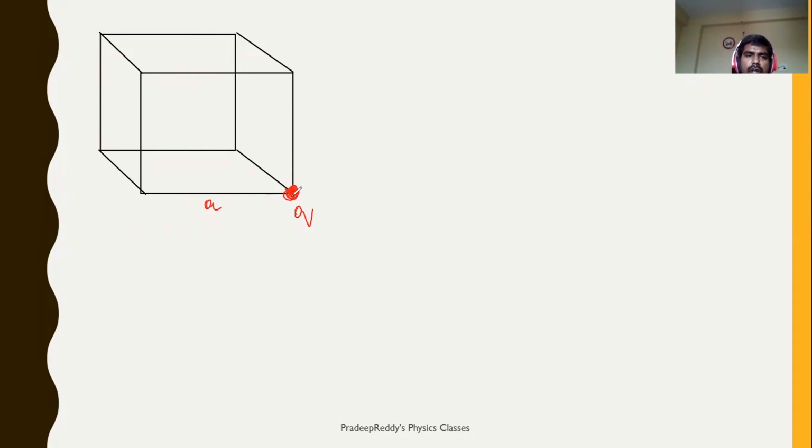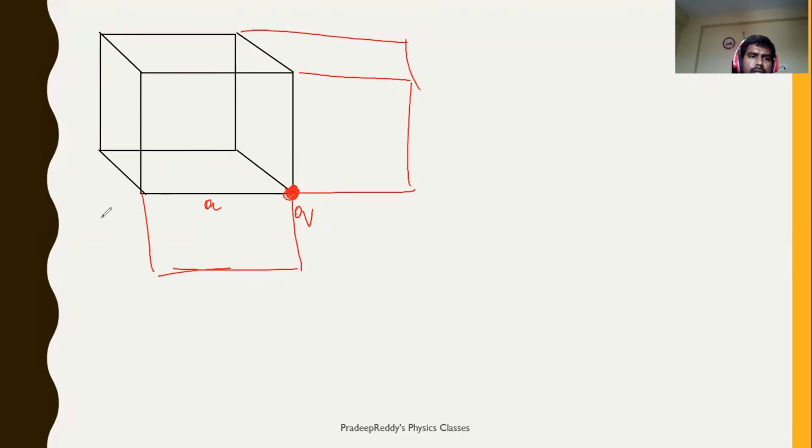Now this charge is not enclosed by this single cube. So in order to enclose this, I need 8 such cubes. Right? This is 1, 2. I need 8 such cubes. Okay, these are 4, which is back. Now coming to front, there will be 4 more cubes.